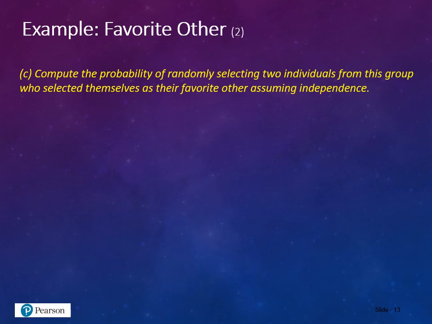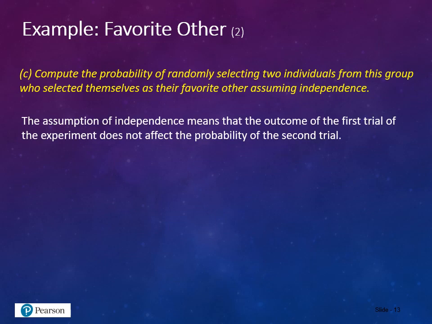Compute the probability of randomly selecting 2 individuals from this group who selected themselves as their favorite other, assuming independence. The assumption of independence means that the outcome of the first trial of the experiment does not affect the probability of the second trial. Okay, they're not conditional. We are assuming independence.